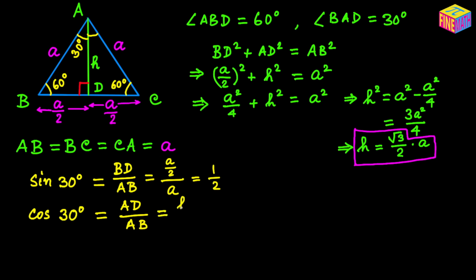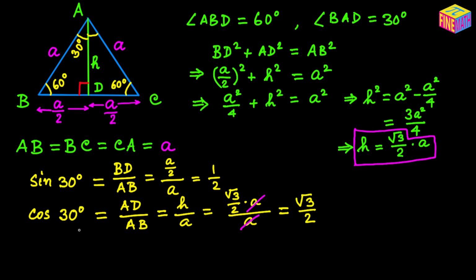Well, AD is actually h, and AB is actually a. And also let's substitute the value of h that we have from here. So h is actually root 3 by 2 times a, and then divided by another a. So this is going to be root 3 by 2, because the a's will cancel out each other, and we are going to be left with root 3 by 2. So cos 30 degree is root 3 by 2.